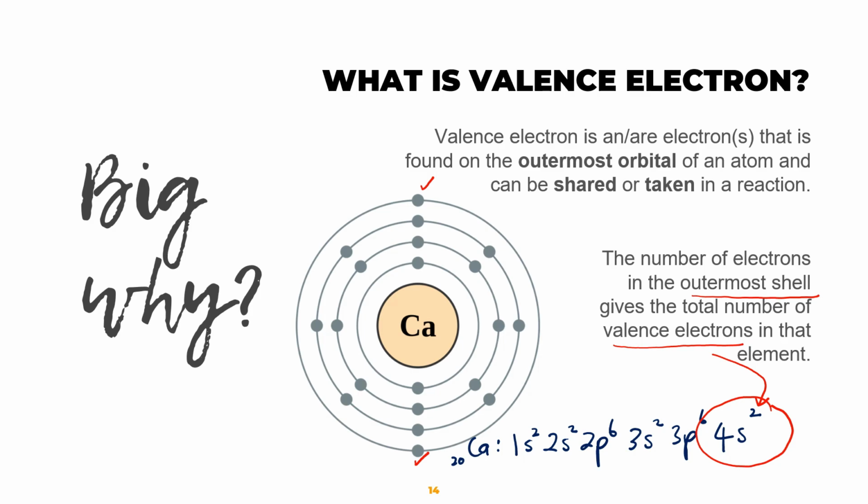So electrons that are located in the valence shell will be known as valence electrons. The one yang I bulatkan ini adalah valence configuration yang kita ambil daripada valence shell. So, 2 dekat atas ini yang kita panggil sebagai valence electron. So, valence electron adalah jumlah of electron yang located pada outermost shell ataupun valence shell, iaitu shell yang paling luar.